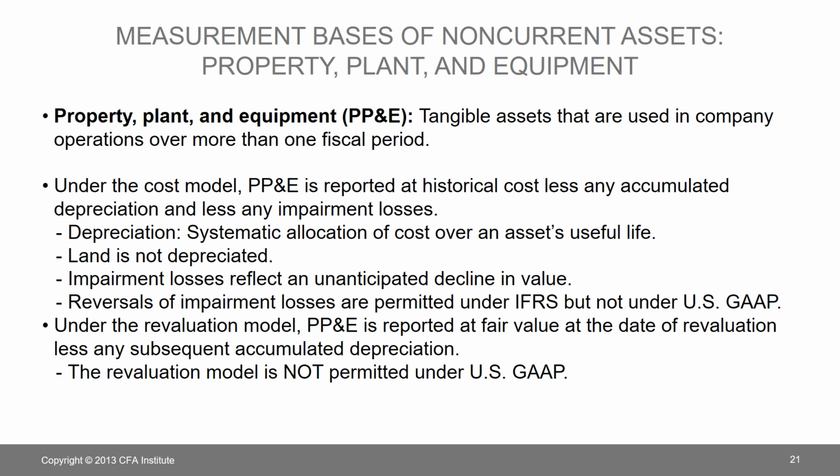Under the revaluation model, the reported and carrying value for property, plant, and equipment is the fair value at the date of revaluation less any subsequent accumulated depreciation. So the changes in the value of PP&E under the revaluation model affect equity directly or profit and loss depending upon the circumstances.